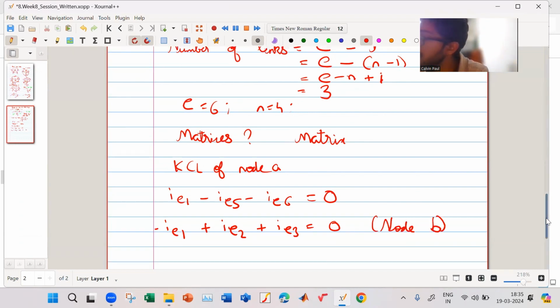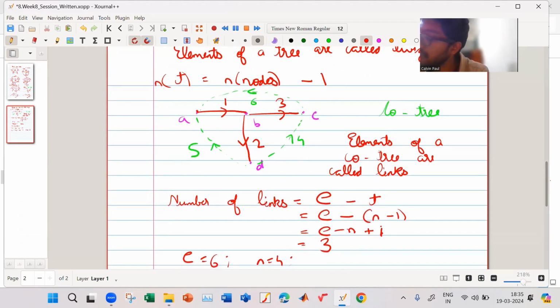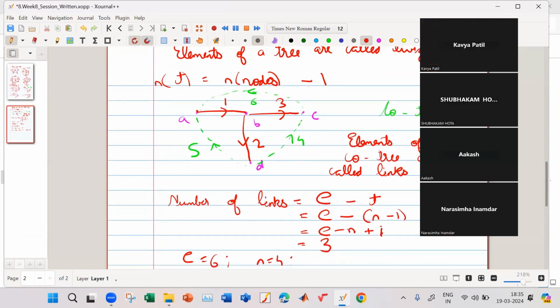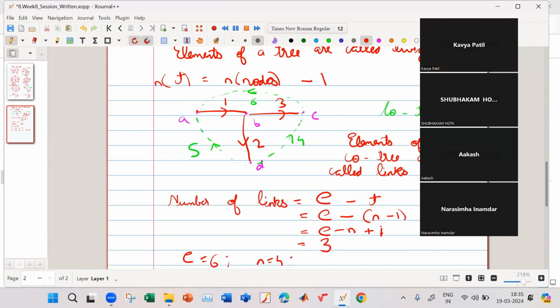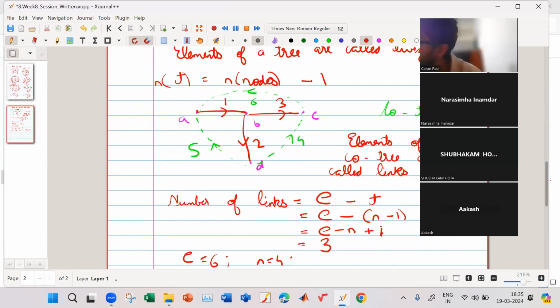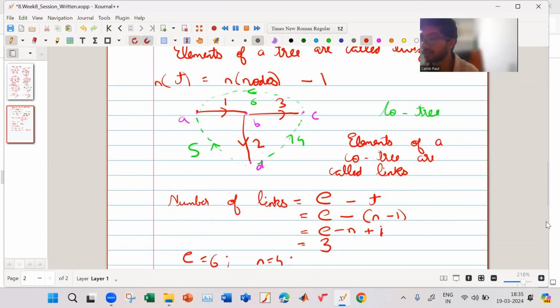Now for node C, what will be the KCL? Narishma: I3 plus I4 minus I6 equals 0. How did you decide plus or minus? Because the current coming into the node is taken as positive and the current going out is negative.